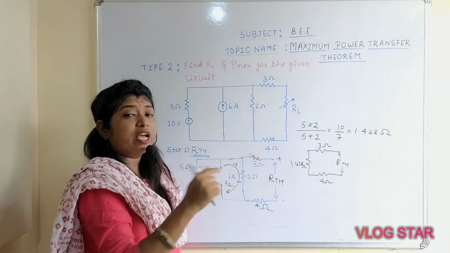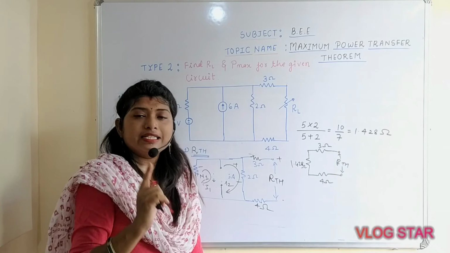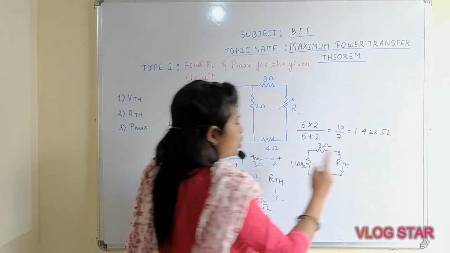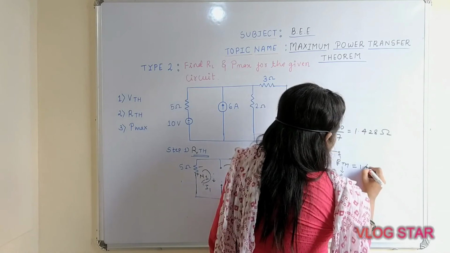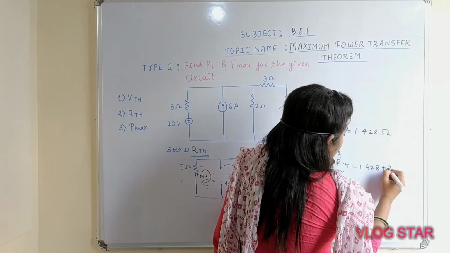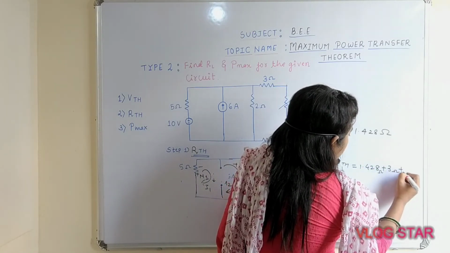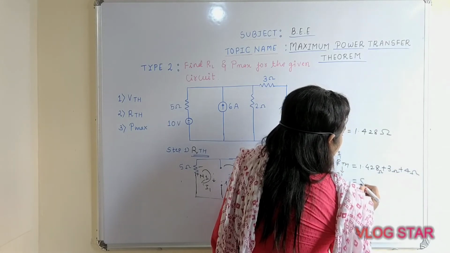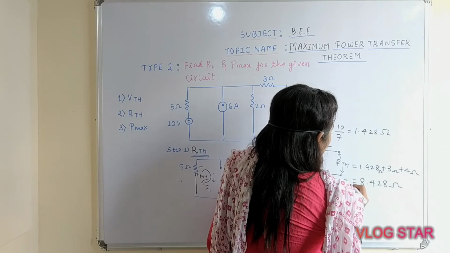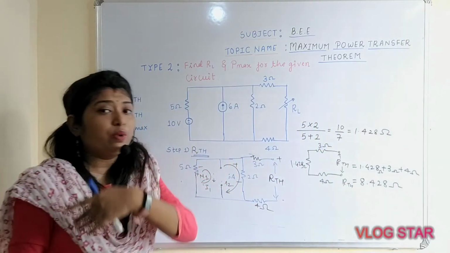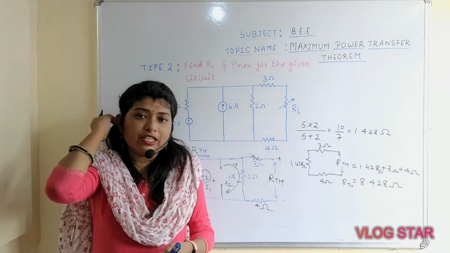Current flowing through each and every resistance is the same, or we can say common. So what would be the RTH value from this? You will get 1.428 plus 3 ohm plus 4 ohm, which is equal to 8.428 ohm. I hope you have understood how to calculate RTH.